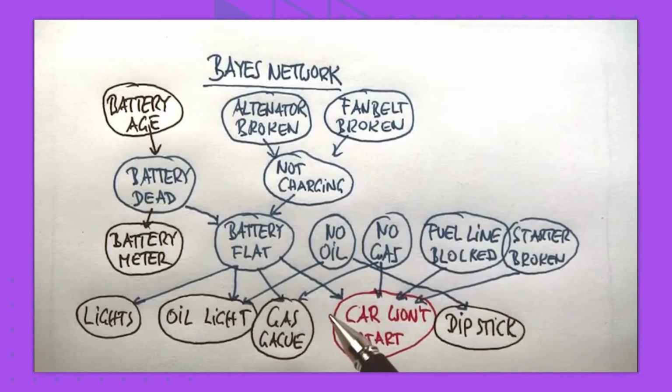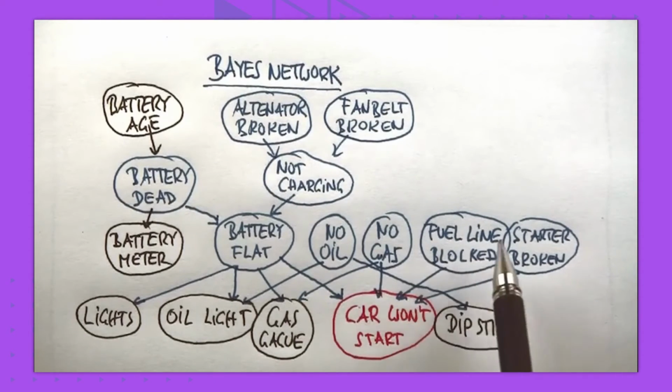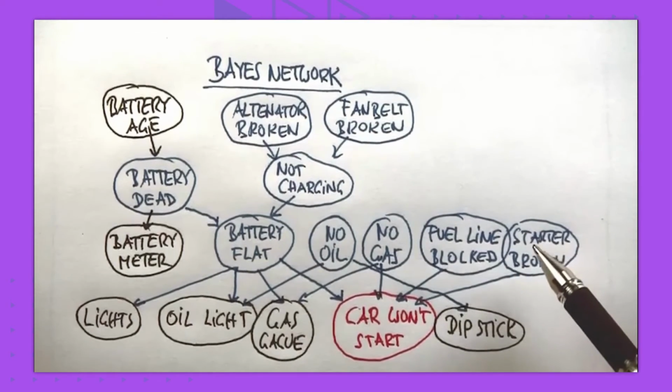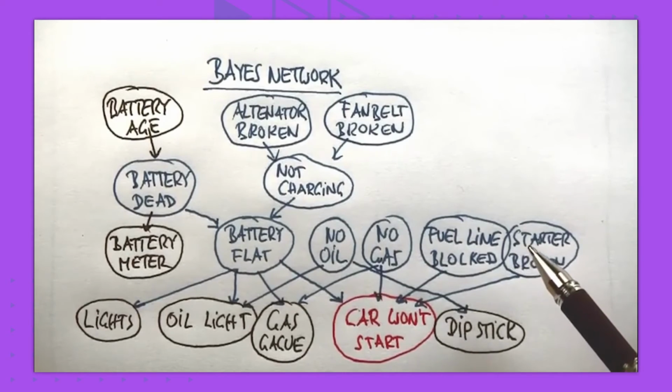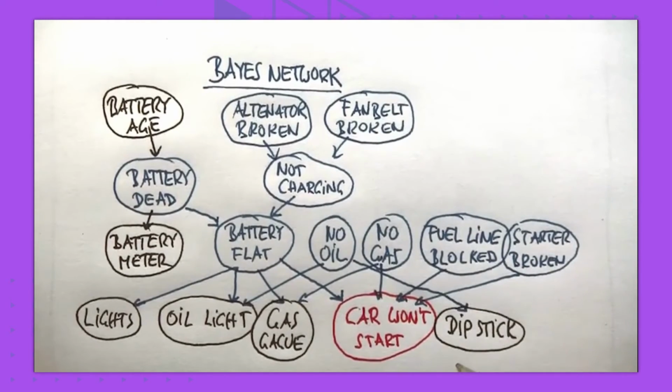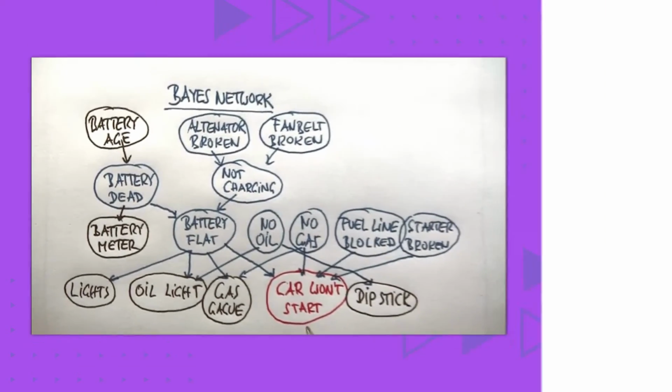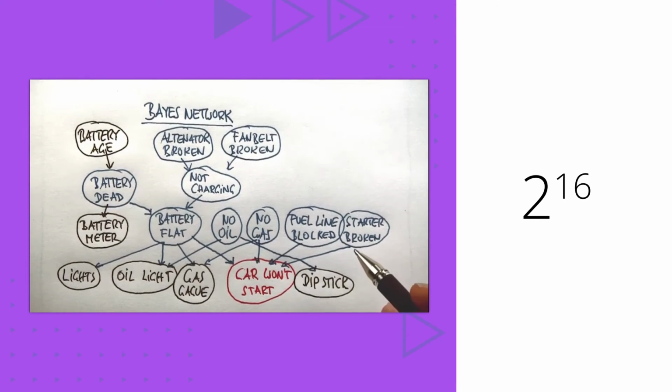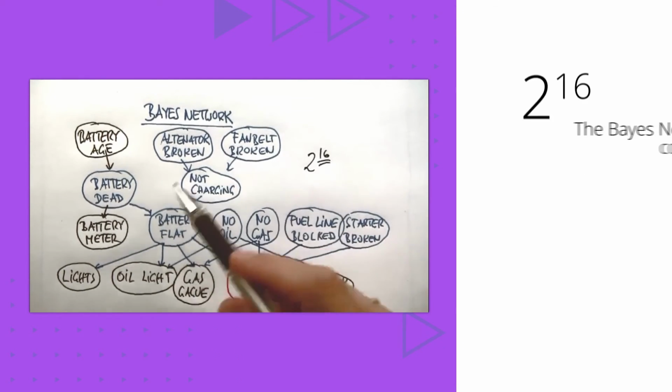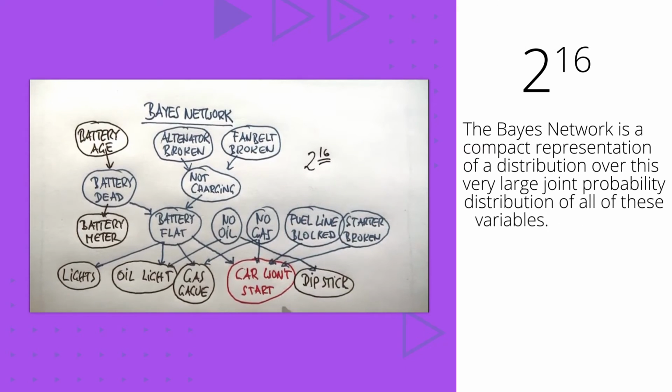What the graph structure and associated probabilities specify is a huge probability distribution in the space of all of these 16 variables. If they're all binary, which we'll assume throughout this unit, they can take 2 to the 16th different values, which is a lot. The Bayes network, as we'll find out, is a compact representation of a distribution over this very, very large joint probability distribution of all these variables.